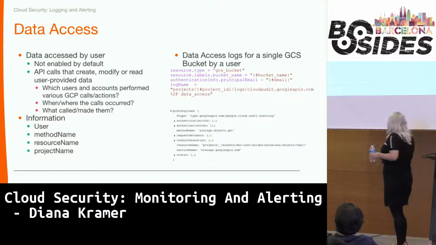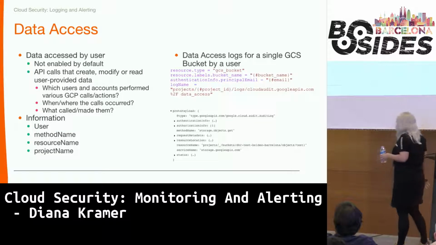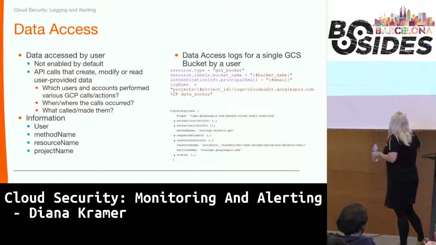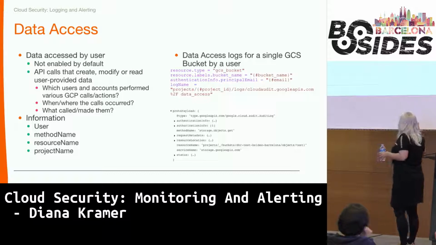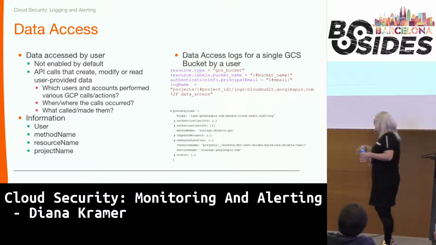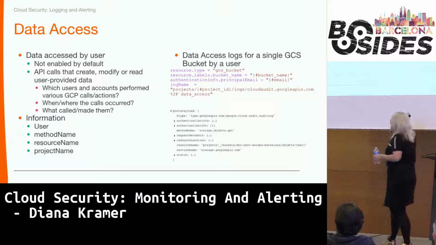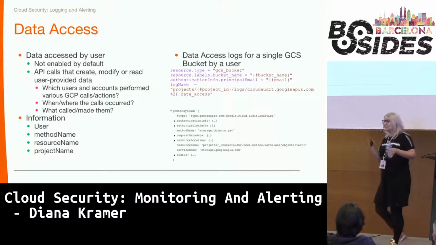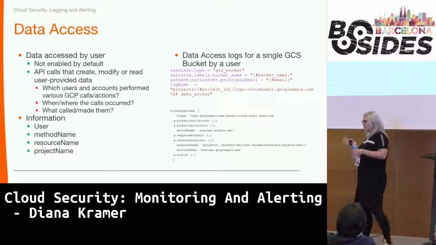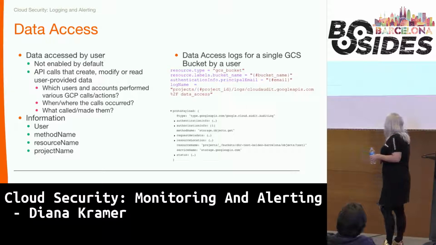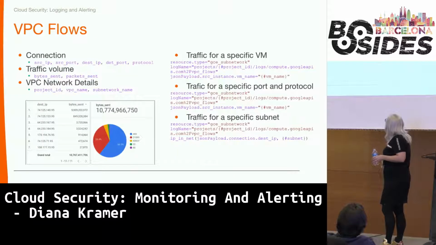And here is a very nice, blurry example of a query to see all activity over a bucket by a sole user. In the result, you can see it's a get method over the exact object, so it's a download. Sorry, you can't see that.